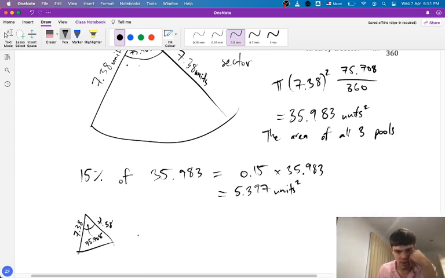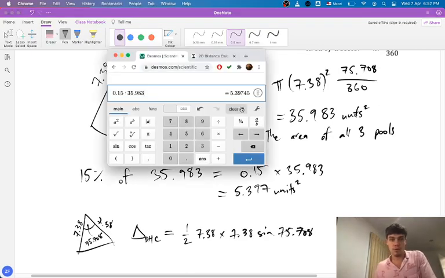And we know the area of a triangle, so this is triangle DHC, and the area is just half, and then we just do 7.38 times 7.38, and then it's sine of 75.708.